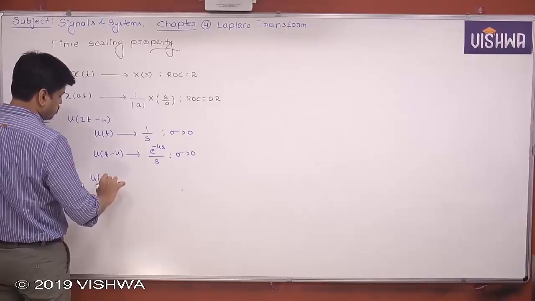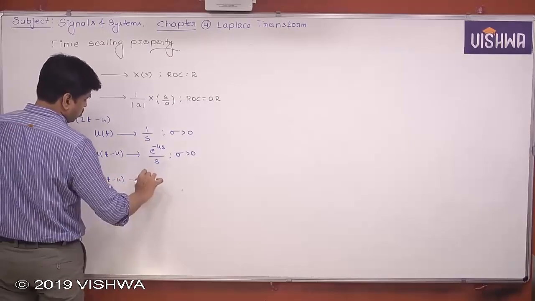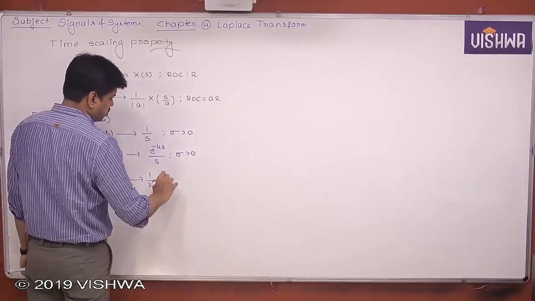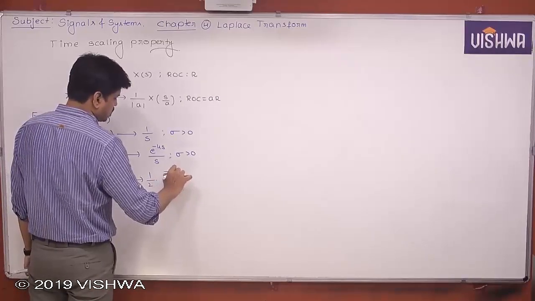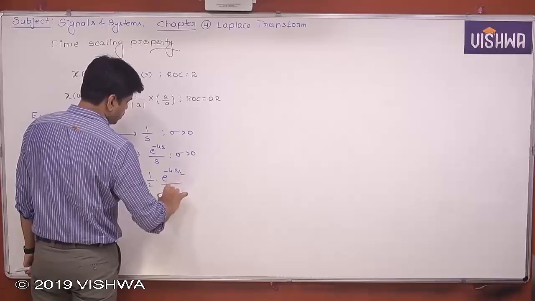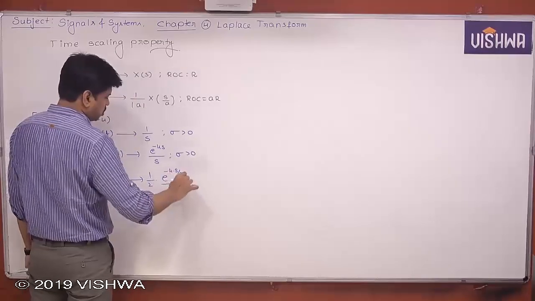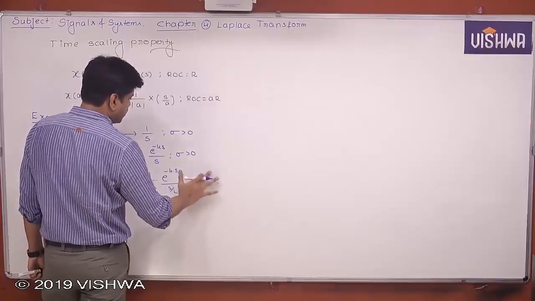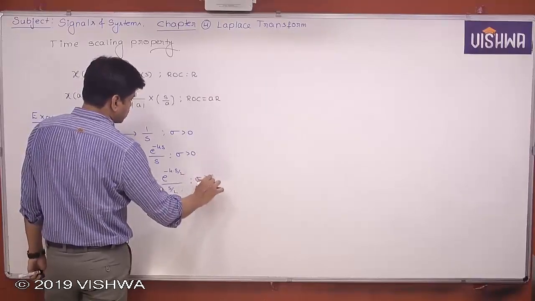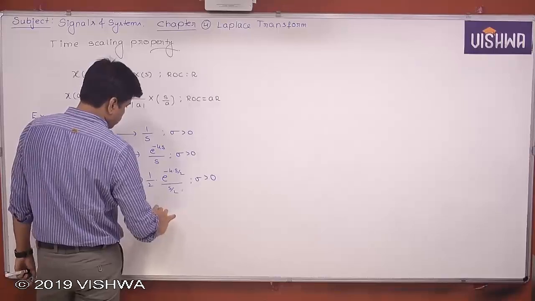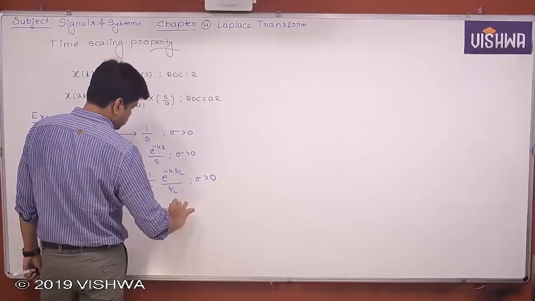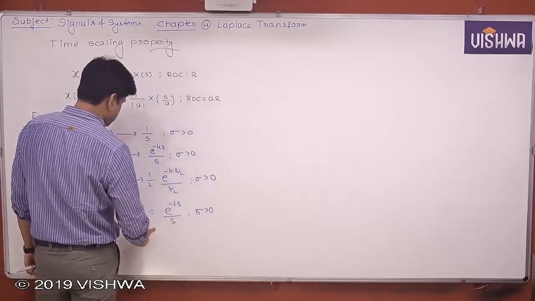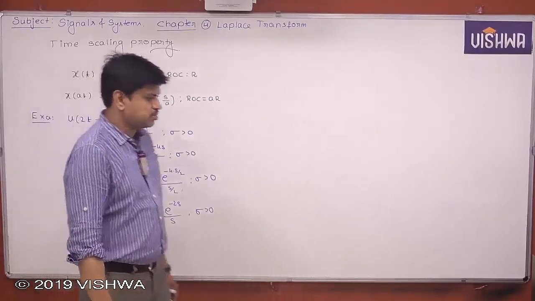U of 2t minus 4: 1 by 2, wherever s is there, that has to be replaced with s by 2. E power minus 4 into s by 2 by s by 2. The 2s get cancelled. Still sigma greater than 0. Why? If 0 is multiplied with a, it won't make any difference. So still it is 0. So finally what we are going to get is e power minus 2s by s. Take it.